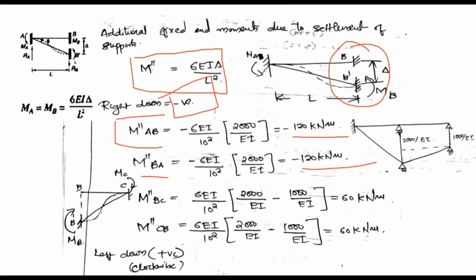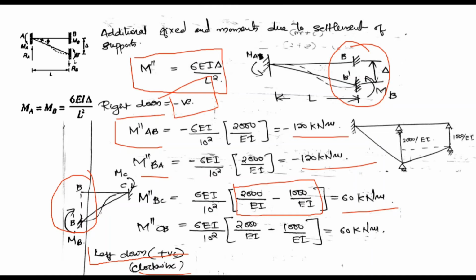In case of the member BC, we have the support settlements on the left side. So left down, it will be positive since it is clockwise in direction. So the value will be 60 kilonewton meter. Here the value of delta should be relative settlement, not the total settlement.